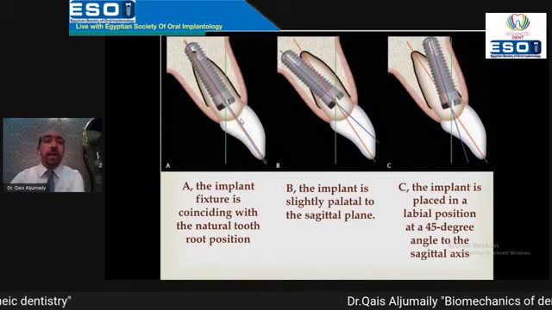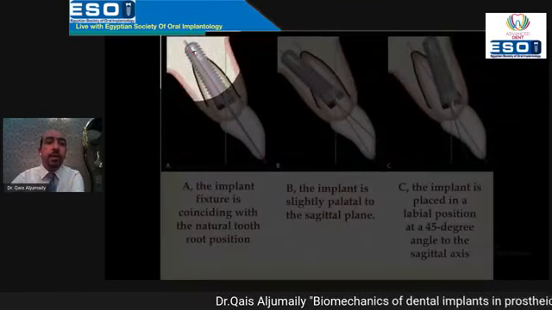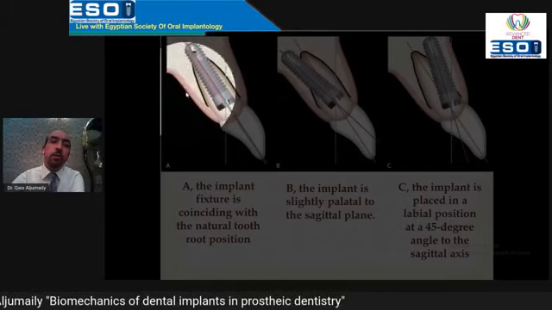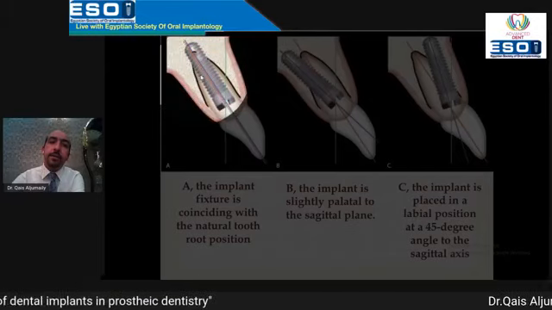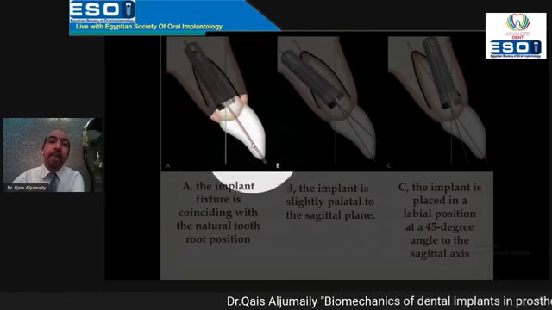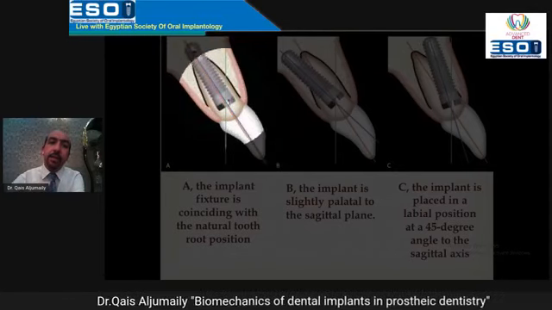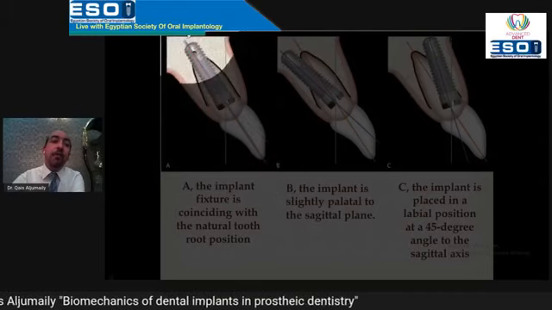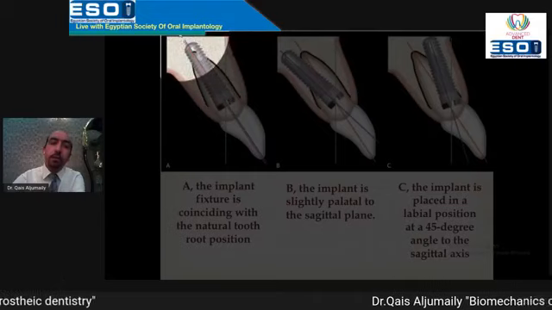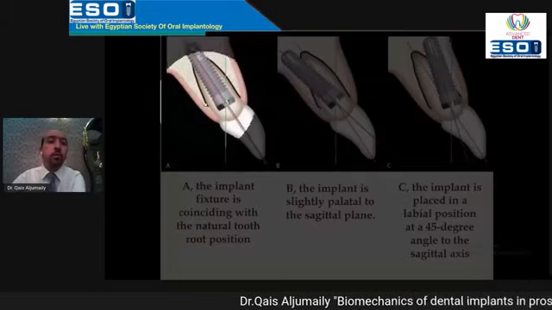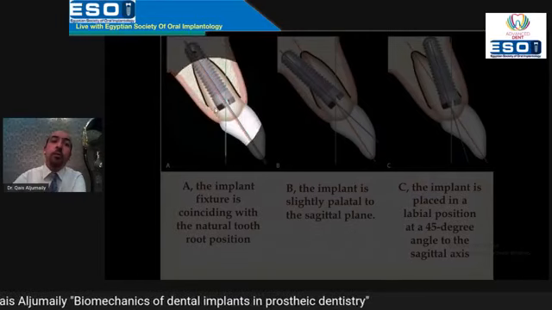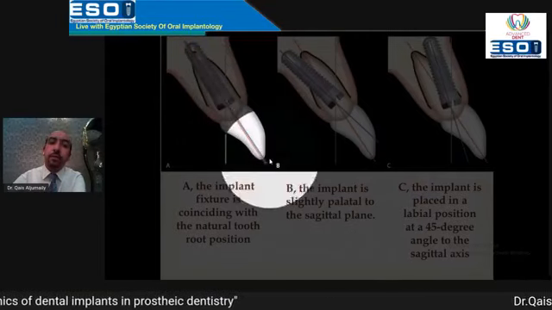If we extract the tooth and put our implant exactly in the center of the buccolingual or buccopalatal distance, that means my crown will be directly over my implant, and the long axis of the previous tooth or root is parallel to the long axis of the fixture, and also parallel to the long axis of the crown.